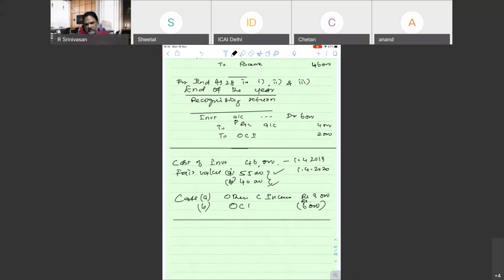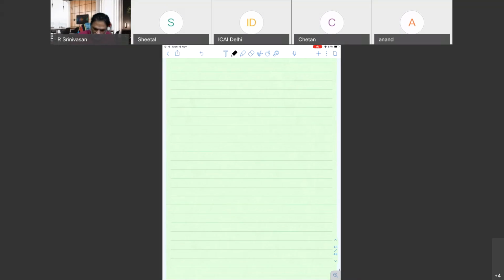So 3 activities are there in the cash flows. Cash flows, we have 3 activities. Which are the activities? Operating activities, and the second one is investing activities.